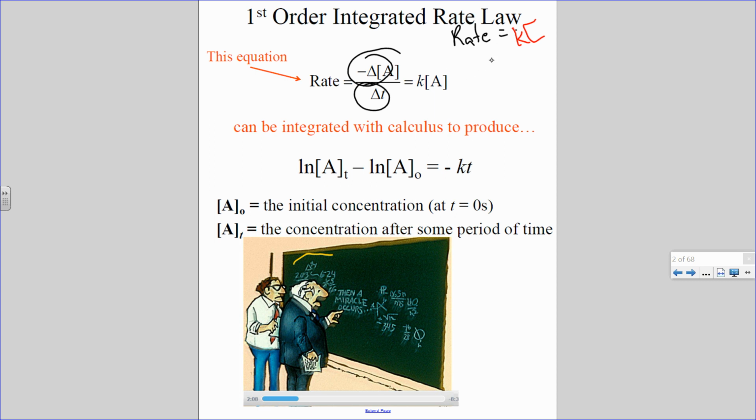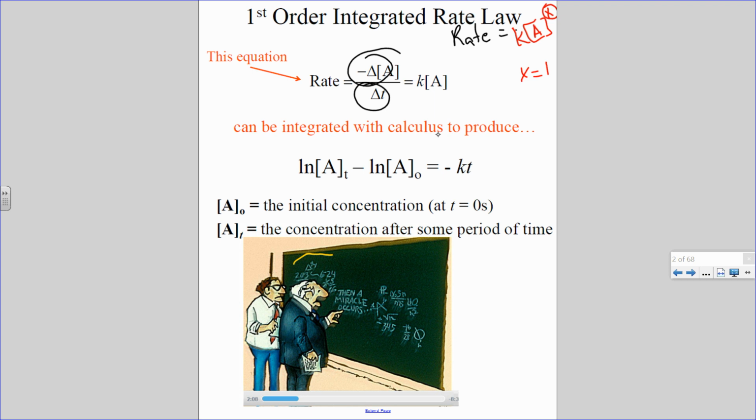In this case, it looks like we only have one reactant, and there's some little exponent there. We said we could only get that by doing an experiment. Well, if that exponent is a 1, then we have a first order reaction, first order rate law rather.